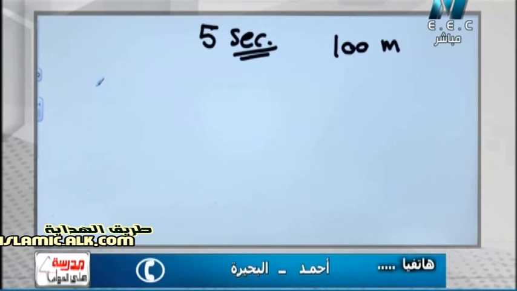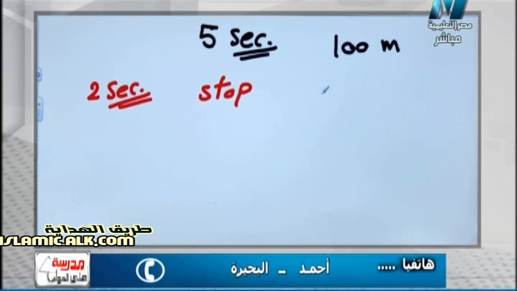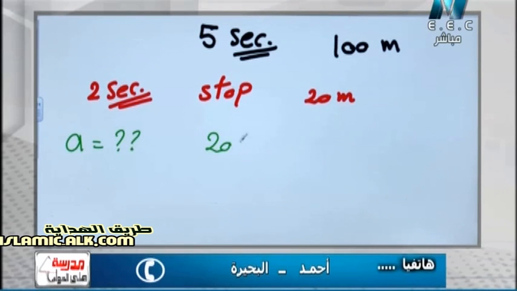It takes 2 seconds to stop after 20 meters. Calculate the acceleration at which the car moves during the second 20 meters.